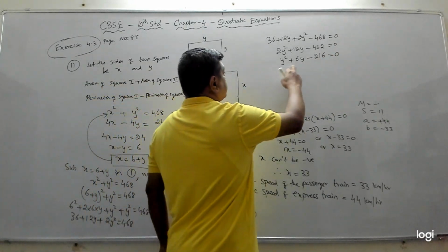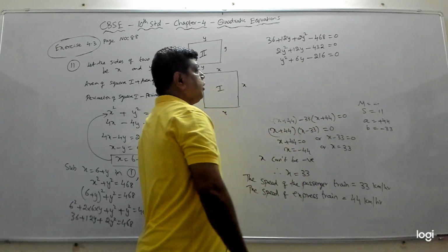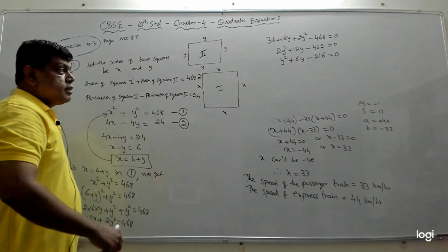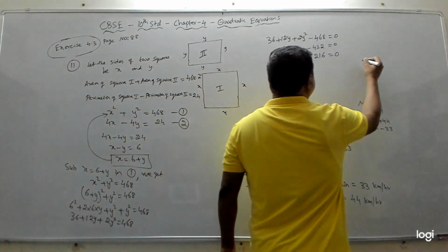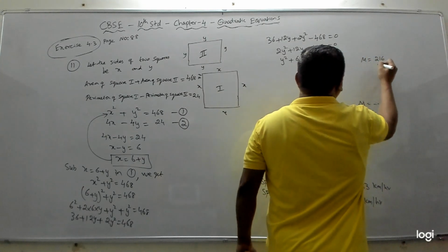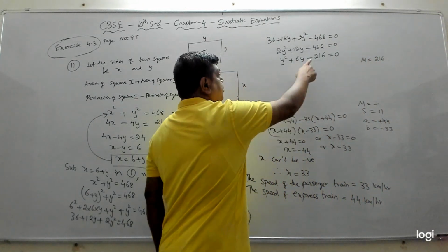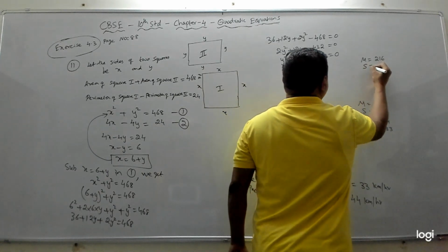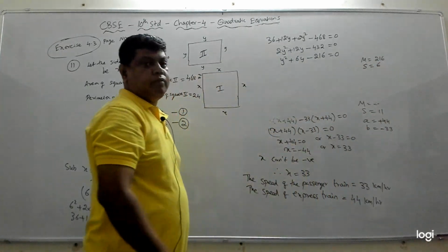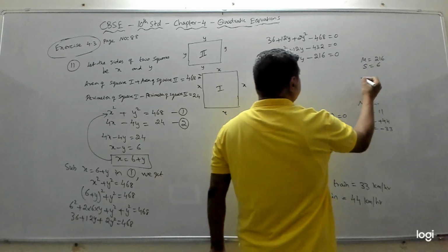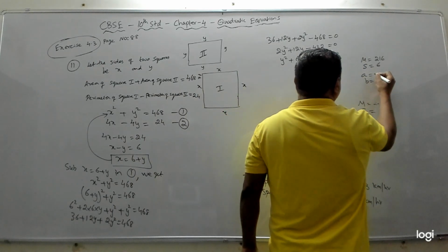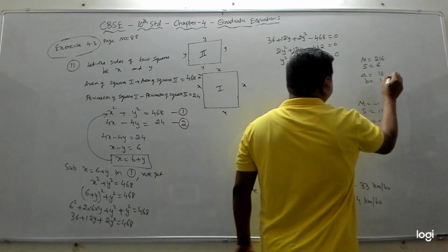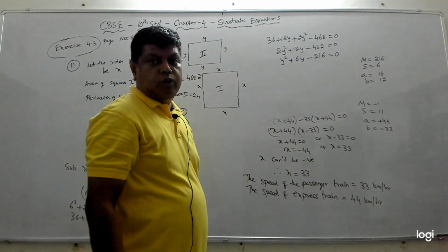Now we have to factorize. Which means we should find two numbers such that when I multiply the two numbers, I should get 216. The same two numbers, if I subtract, I should get 6. So what are the two numbers? The numbers will be 18 and 12.